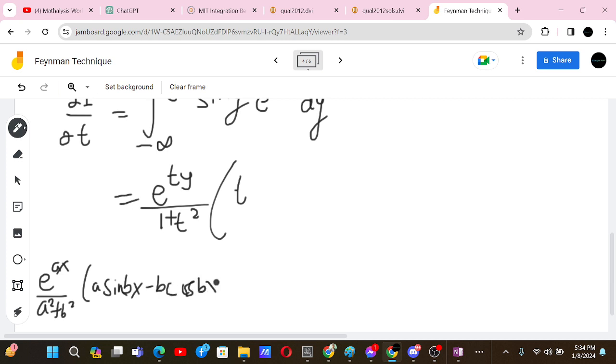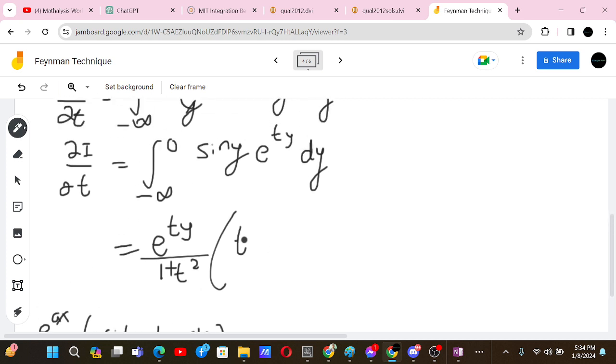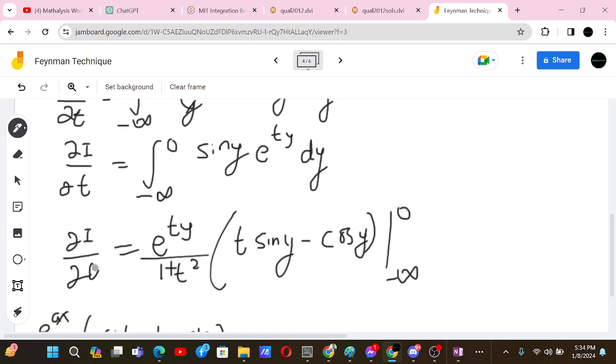So this is it. Now going from minus infinity to 0, and this is dI/dt.